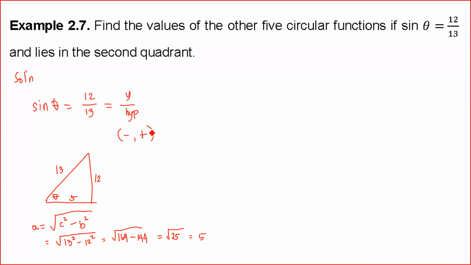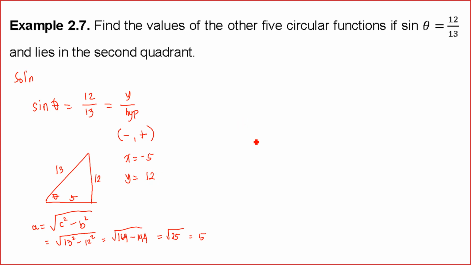So in this case, the x is the adjacent. So our x here is negative 5 and our y must be positive 12. So let's have the 5 circular functions.